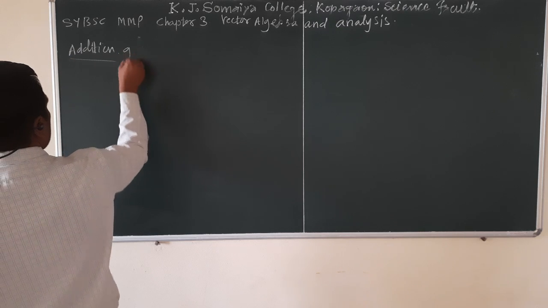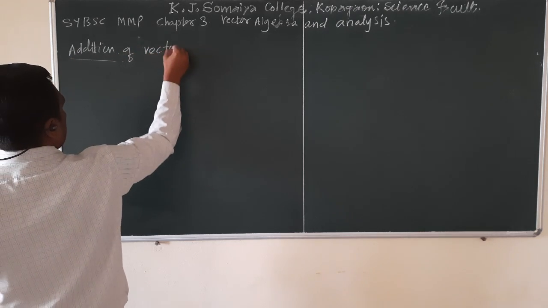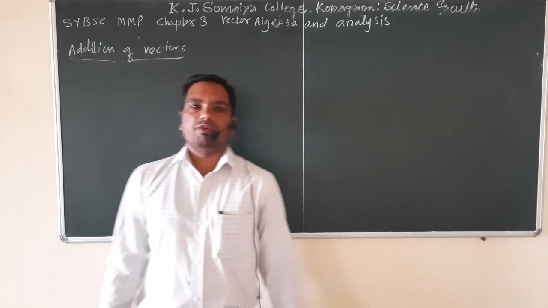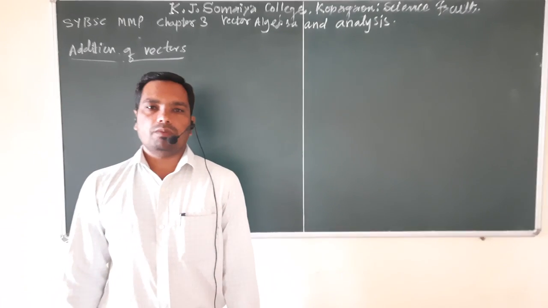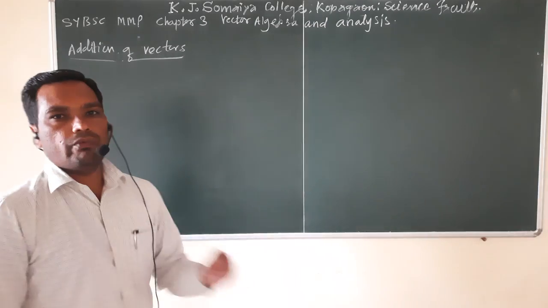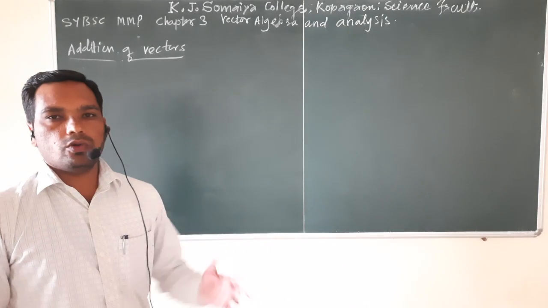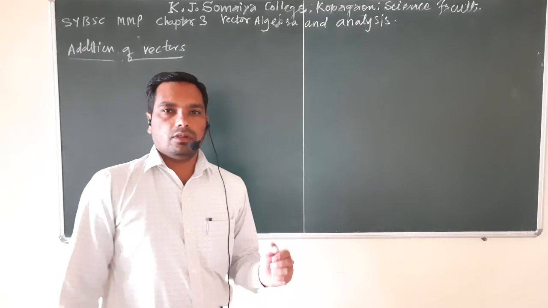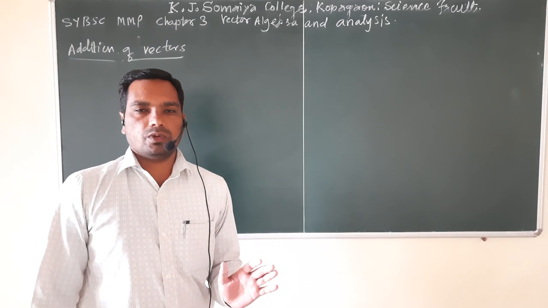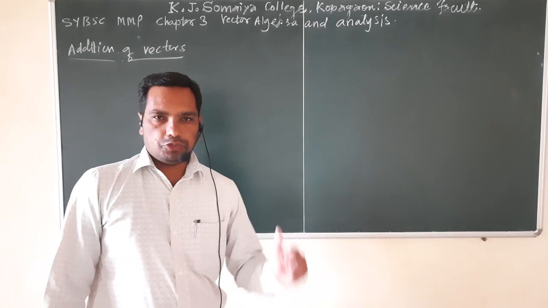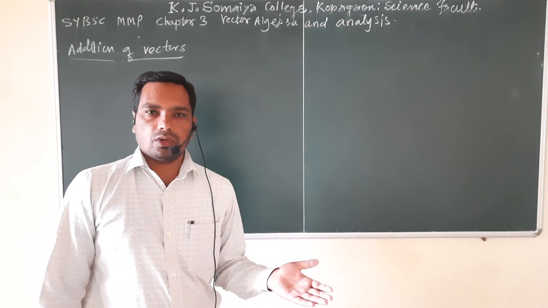First of all, we are going to study addition of vectors, and after this we will study subtraction of vectors. For adding two or more vectors, we must use the laws of vector addition. So what are those laws? I'm sure that you have already studied those laws.